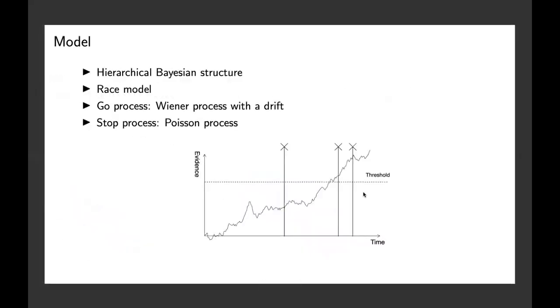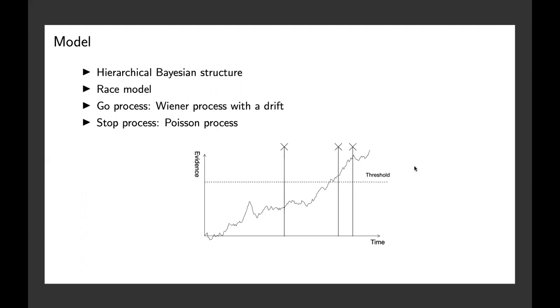We model this task with a hierarchical Bayesian structure. We use a race model that consists of a go process and a stop process. In the go process, the participants determine that the stimuli are identical and make a response. For the go process, the participants can only identify these stimuli as identical when they are identical in all aspects.